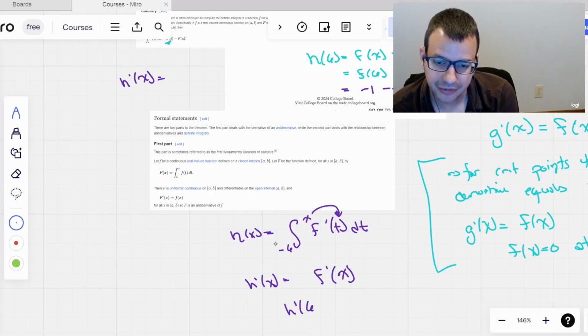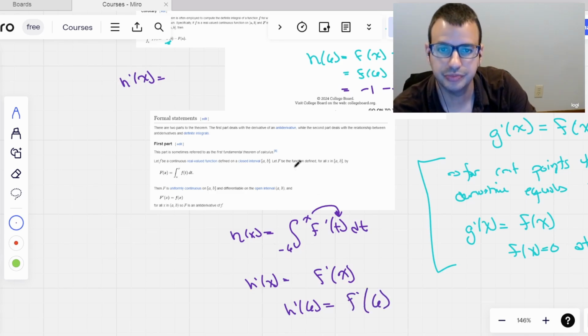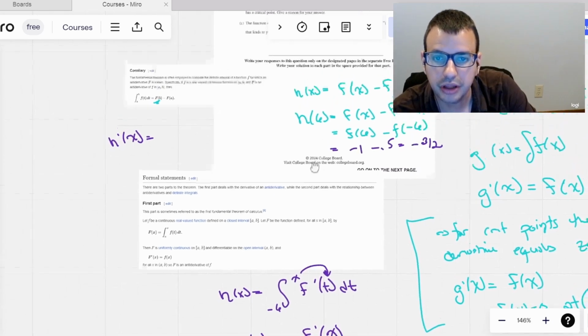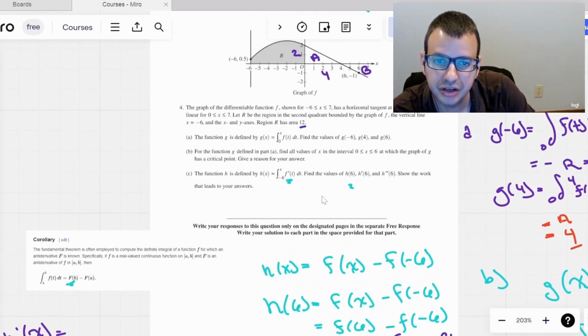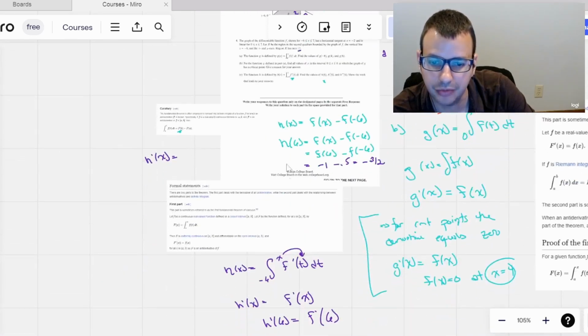So h prime of 6 is going to be f prime of 6. And so that's going to give us h prime of 6. So at 6, this slope right here, it's rise over run, so it's going to be negative 1 and 2. So it'll be negative 1/2.